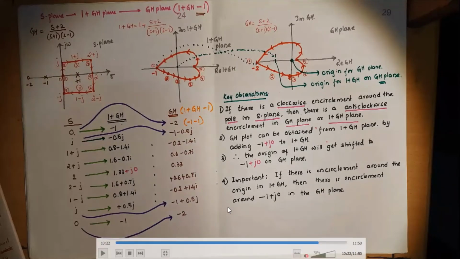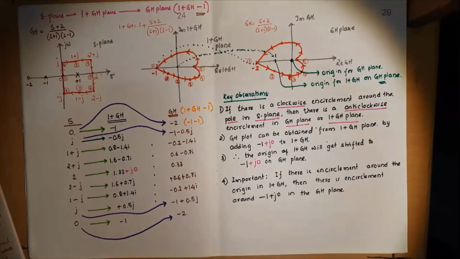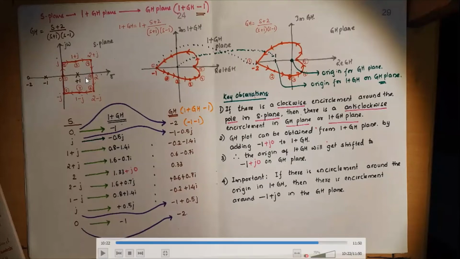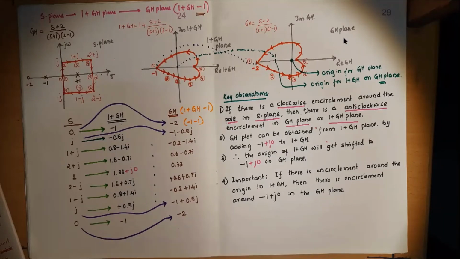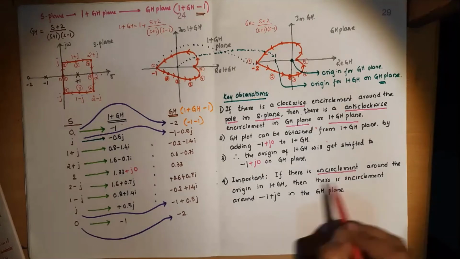Yes, so this fourth one is a very important point. You map any contour from S plane to 1 plus GH plane, and in 1 plus GH plane, if that contour encircles the origin, then it will definitely encircle minus 1 plus j0 in GH plane. Okay, we are nearing the Nyquist criterion now.